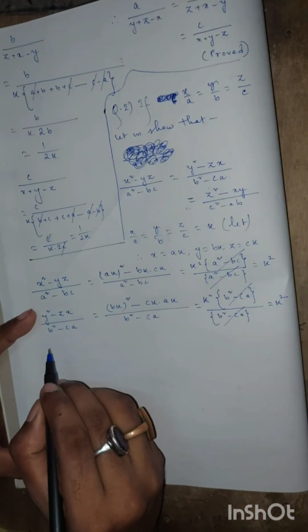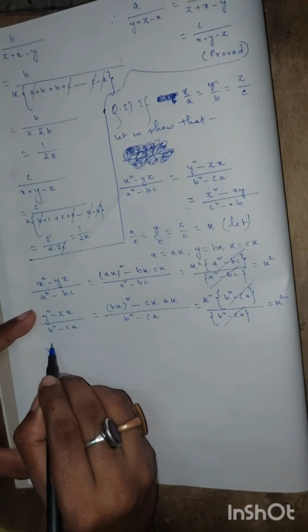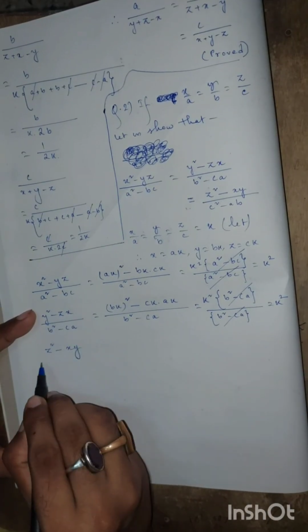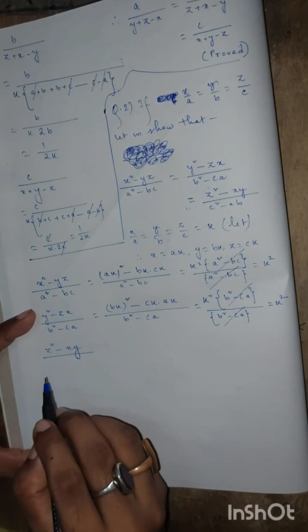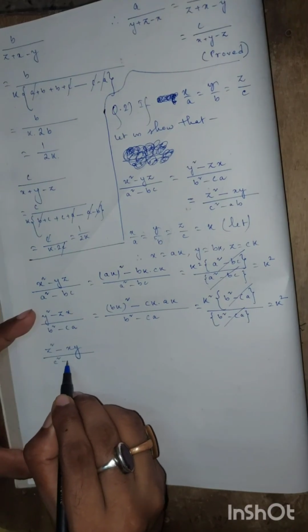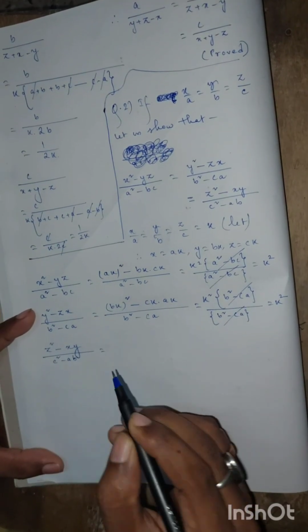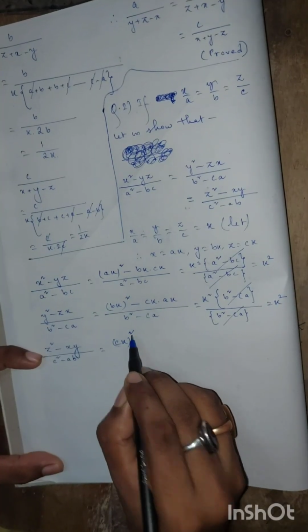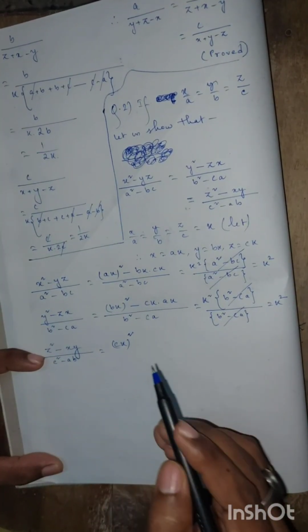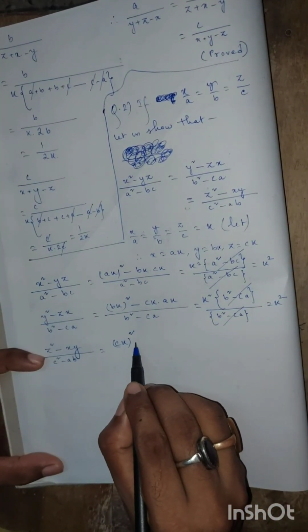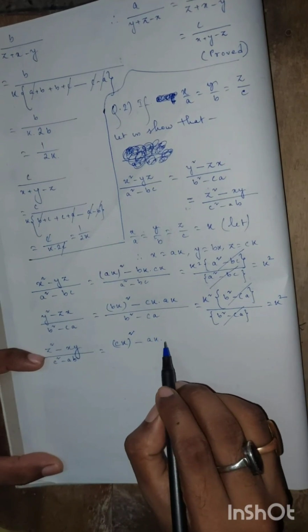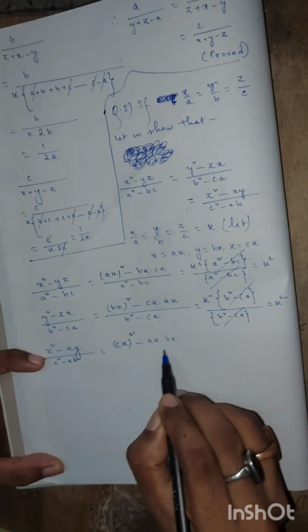And the third expression, z square minus xy by c square minus ab. In place of z we can write ck, and in place of x we can write ak, in place of y we can write bk.